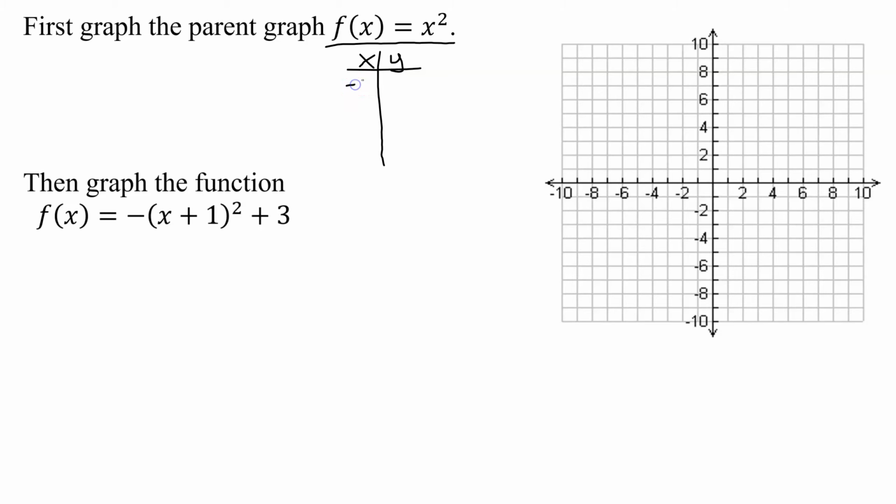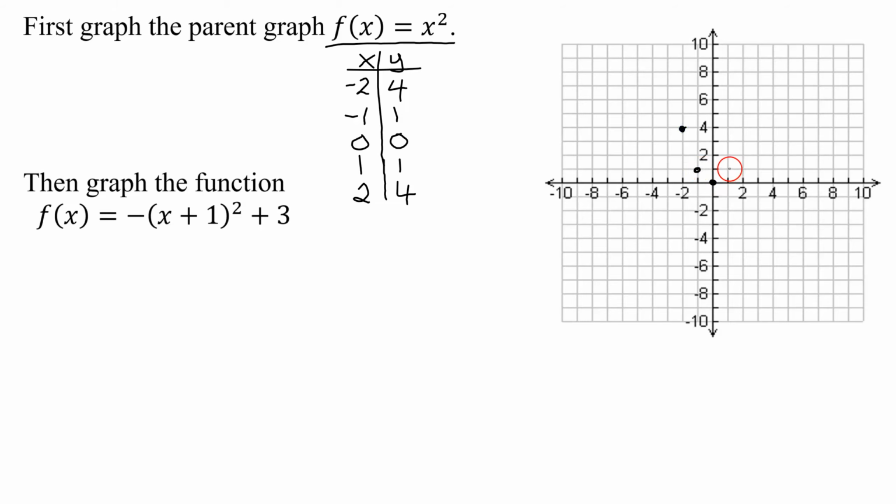So when x is negative 2, all squared is 4. Negative 1 all squared is 1. 0 squared is 0. 1 squared is 1. And 2 squared is 4. So I'm quickly going to plot those points.